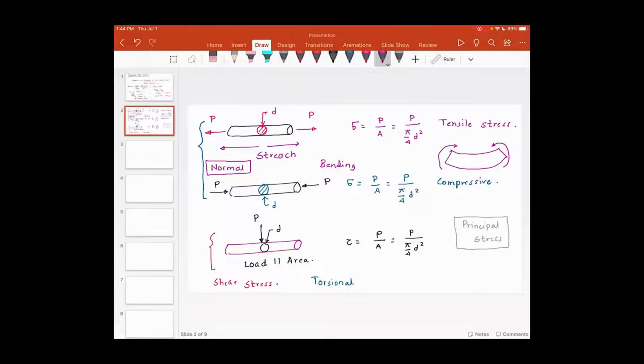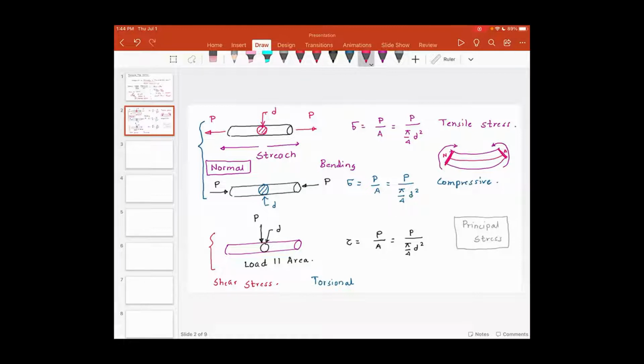And because of that bending, you have a stress here, you have stress over here, and you have something called a neutral axis where there is no stress. So you have this called neutral axis. Now, bending stresses are normal stresses. So basically, the stresses in bending are perpendicular to area.